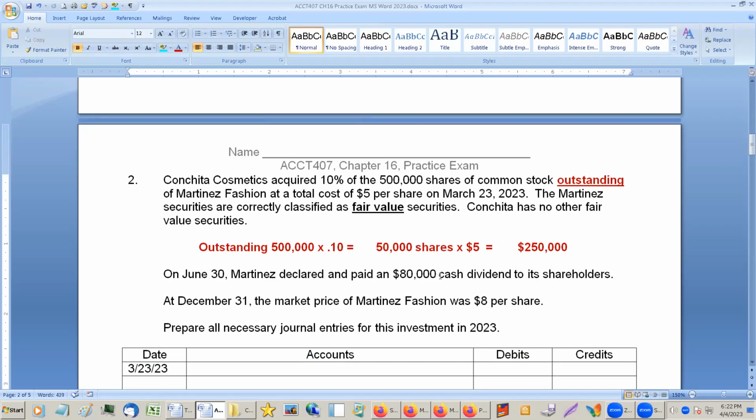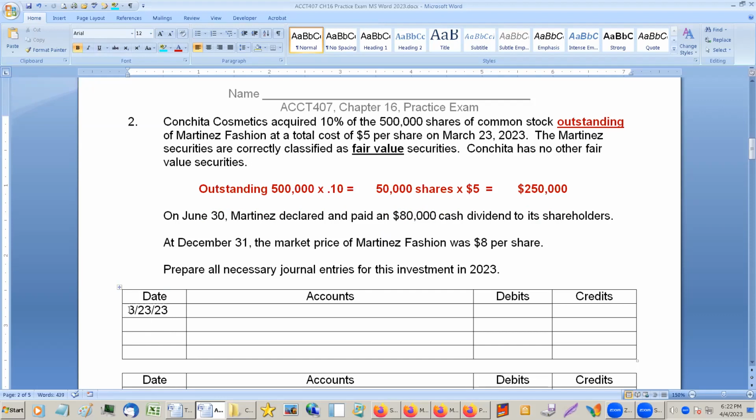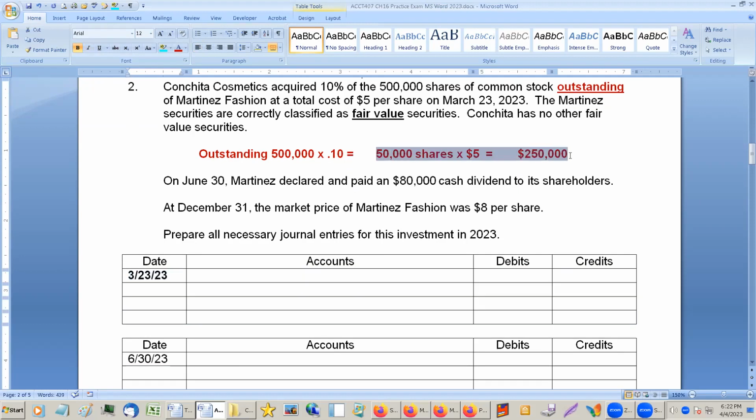Okay. So what's gonna be the journal entry for that? Investment equity and cash.